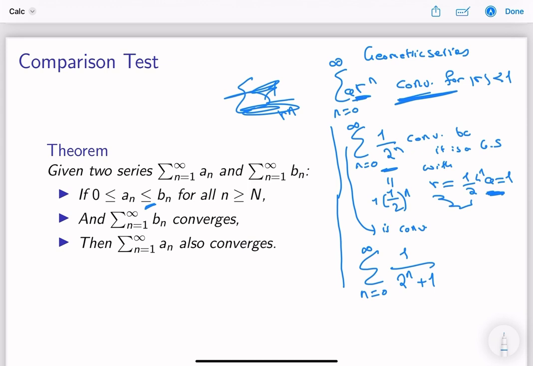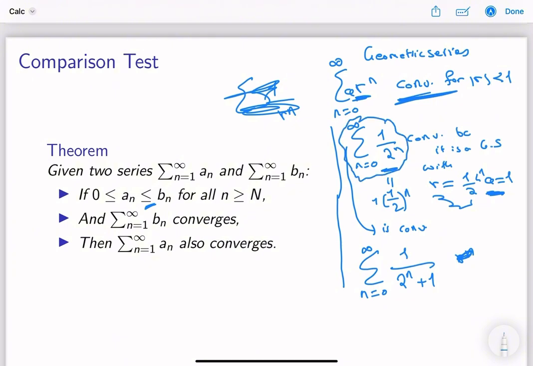It's different from this form, because it's not of the form r to the n. You can't write this in the form of r to the n, right? But this looks similar to a geometric series. This is close to a geometric series. So you have some hope that this is convergent because it's similar to this geometric series.